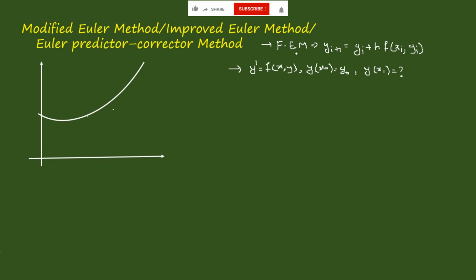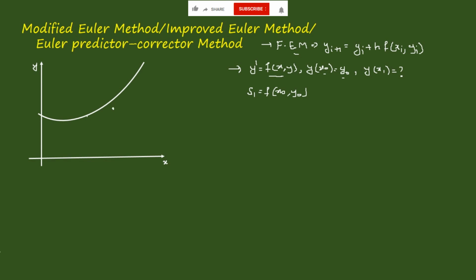Now if you consider the Euler's method, what we do is consider the initial conditions x naught and y naught, and we can find the slope of it. The slope s1 is equal to f of x naught comma y naught. If you consider a graph here, this is the x-axis, this is the y-axis.